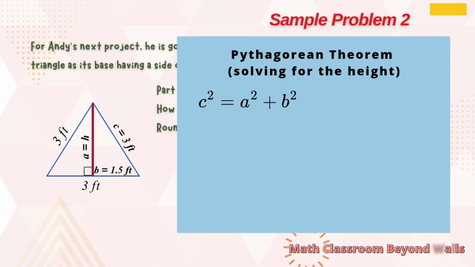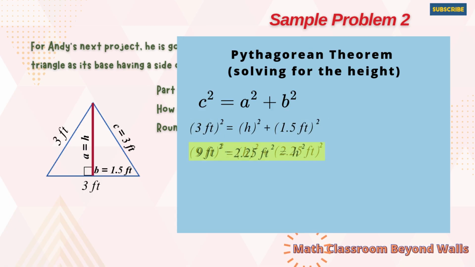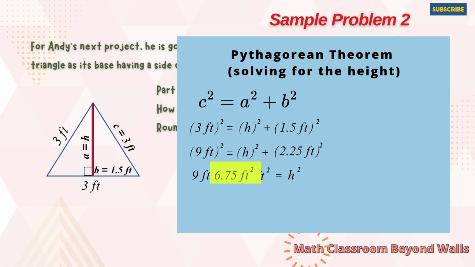Plugging in the values, we have squaring 3 feet and 1.5 feet gives us 9 square feet and 2.25 square feet. Subtracting 2.25 square feet from both sides of the equation gives us 6.75 square feet.